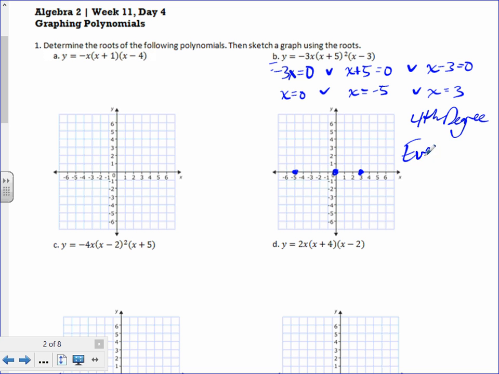So it's obviously even. And I see one negative sign, and I only see one. So it is even, negative. Remember, the negative has to be in front of the x. Even negative, what's the behavior on that? It falls on both sides.